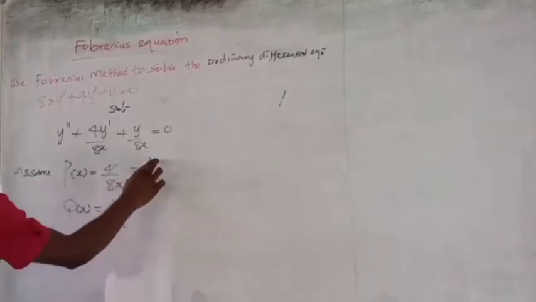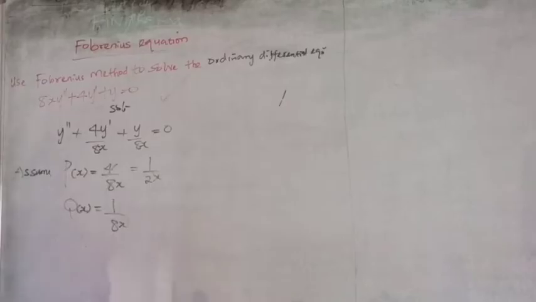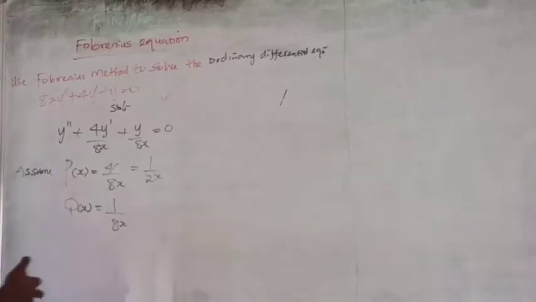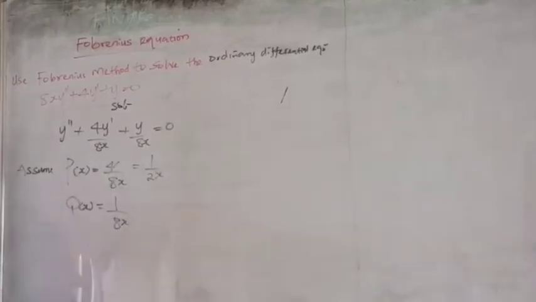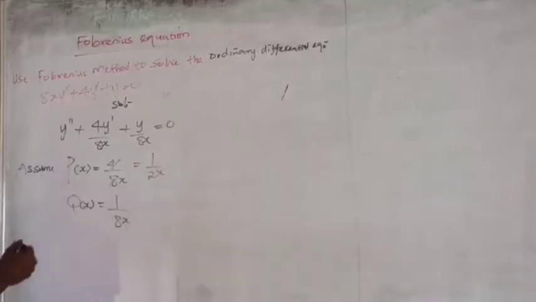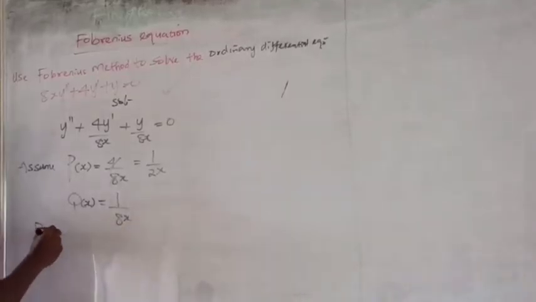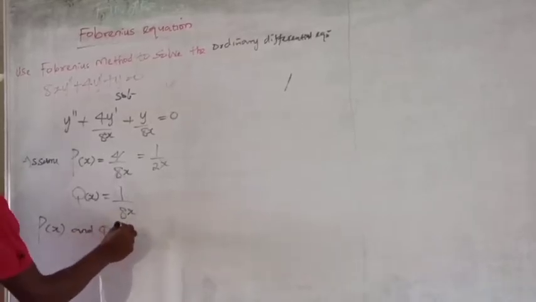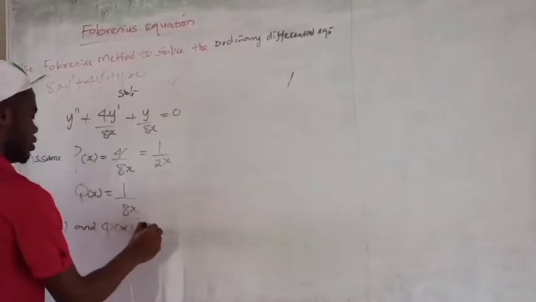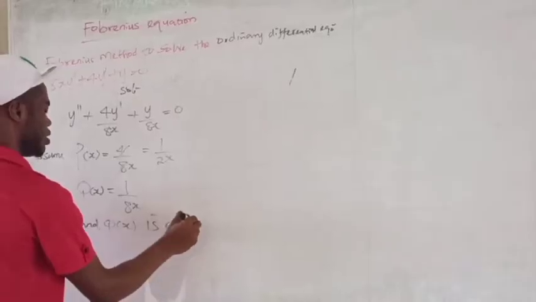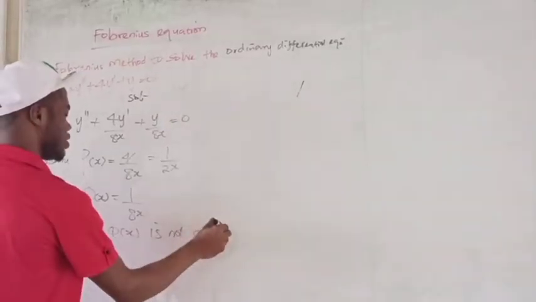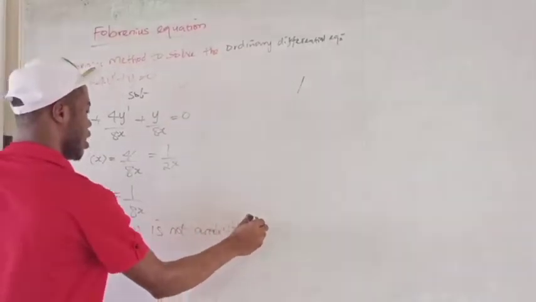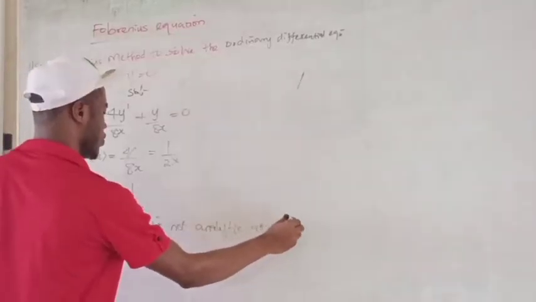So looking at these two fractions, the P of x and the Q of x, we know that P of x and Q of x are not analytic at x equals 0.